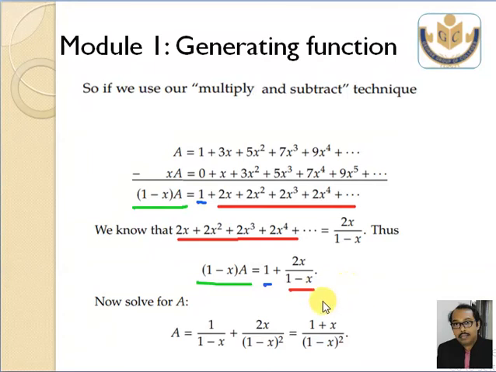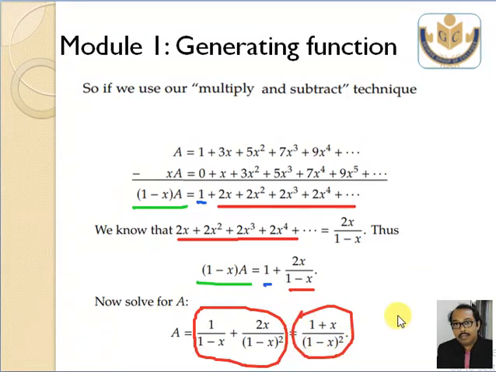So we can write a is equal to 1 by 1 minus x plus 2x by 1 minus x whole square. And if you solve these two, you get this answer. Understand? So this is another technique.